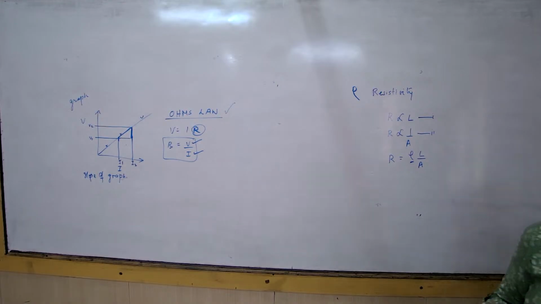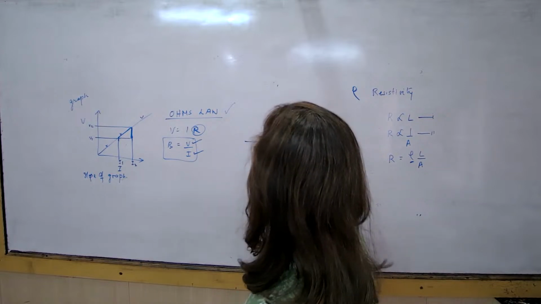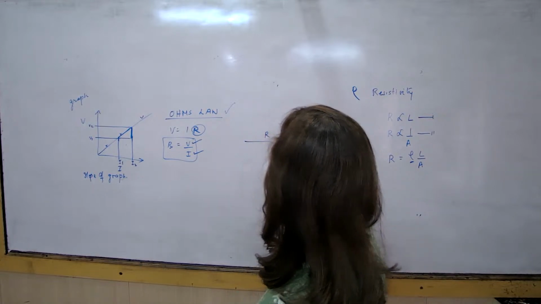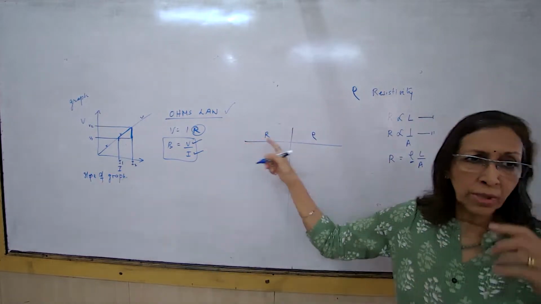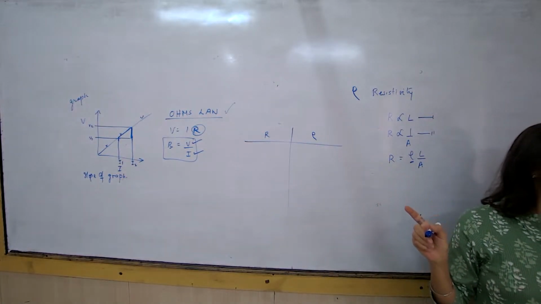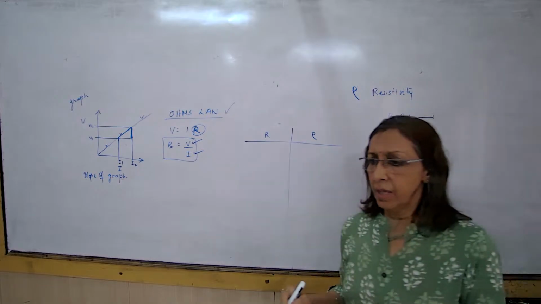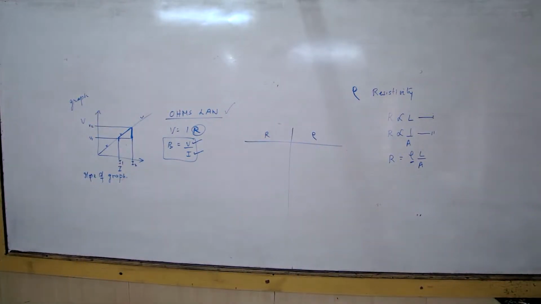Okay. Now I want you to write down a table which is giving you the difference between R and rho. Are these two the same? Definitely not. So we try to recall and write down what are the points. Difference between R and rho. R. First point. First one will be the definition. So what is resistance?